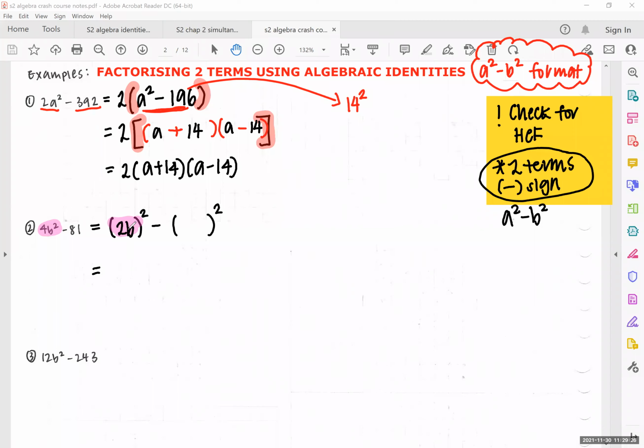So next one, can you see this 81? What square will give me 81? 9. Very good. So at the end of the day, remember a minus b, a plus b. So what do we put in the first part? 2b minus 9, and after that, 2b plus 9.